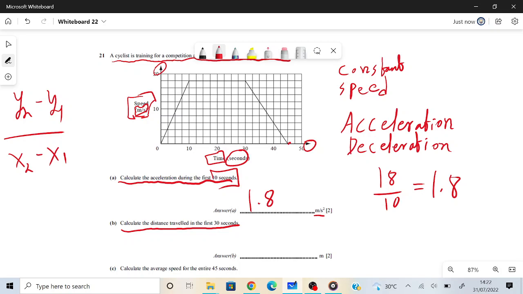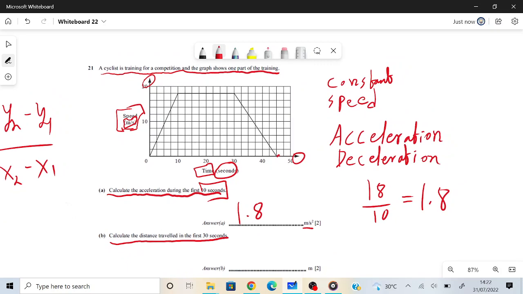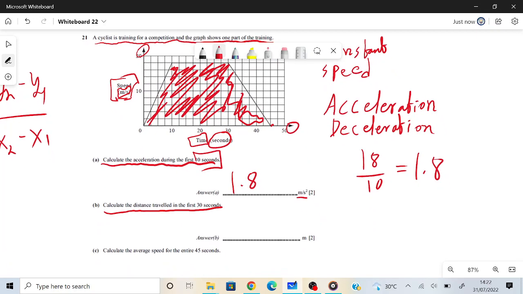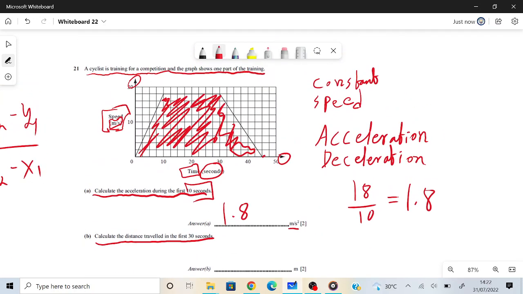And if I were to find the area of this particular shape, all I have to do is find the area under the graph. So basically find the area of all of this over here. However, this question asks me to calculate the distance traveled in the first 30 seconds.